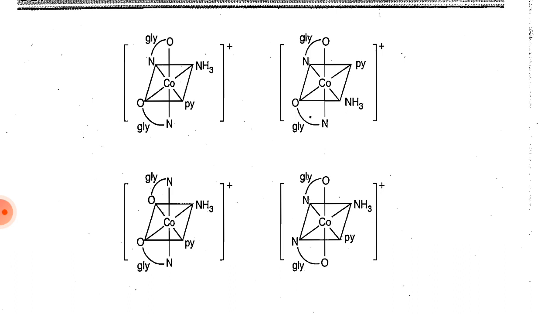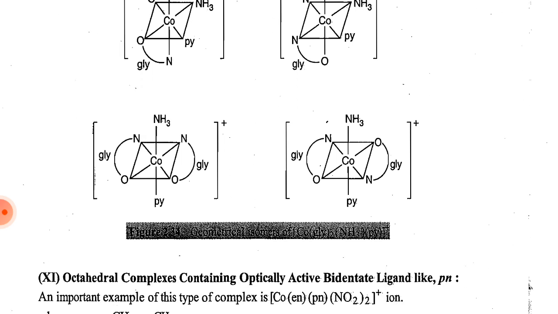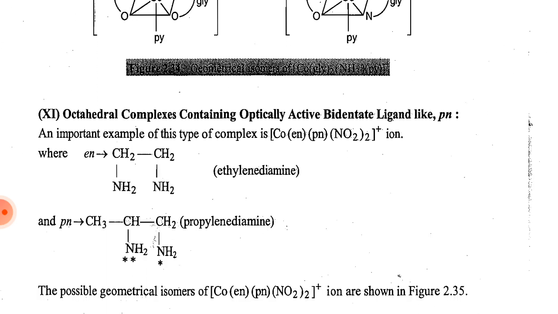Here also adjacent to each other. Here the N atoms are opposite to each other, but both the O atoms are adjacent to each other. Here the N atoms are adjacent to each other, but both the O atoms are opposite to each other. Then N, N and O are both adjacent to each other; N, N and O are opposite to each other.